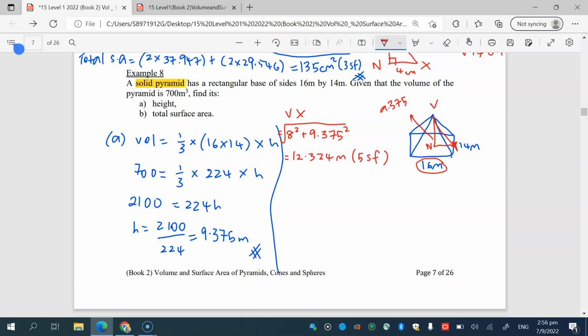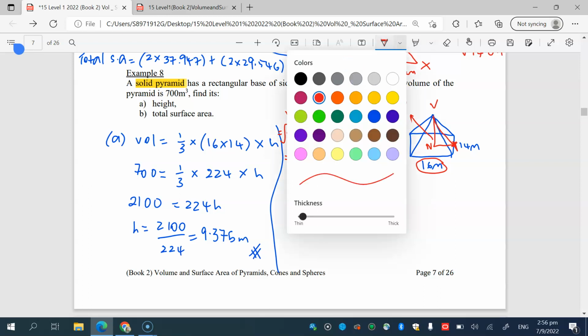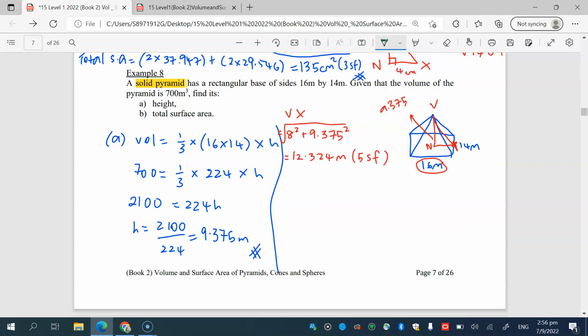That's my Vx. Then for Vy, remember how to find Vy? Okay, I draw one line here. This part is my y. So if you look at the green triangle, I draw again, like that, right? Vny. Vn is your height, 9.375. Ny is this part here, so that is 14 divided by 2, 7 meters.